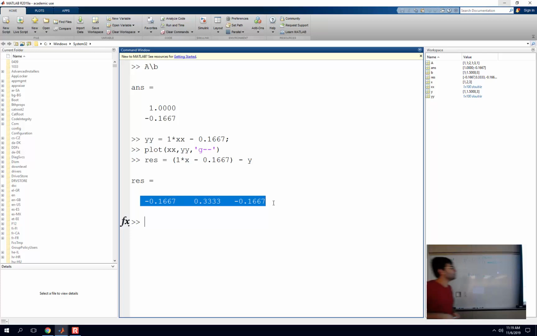So if I ask you to calculate R squared and RMSE for these residuals, well, before doing that, what is the best value for R squared? That's 1, right? Because if residual is 0, 1 minus 0 is 1. What is the range for R squared?